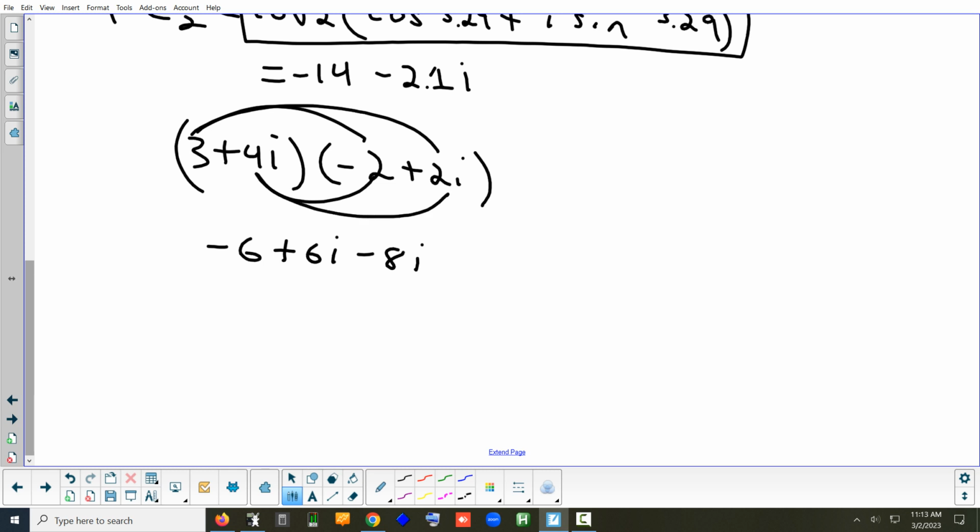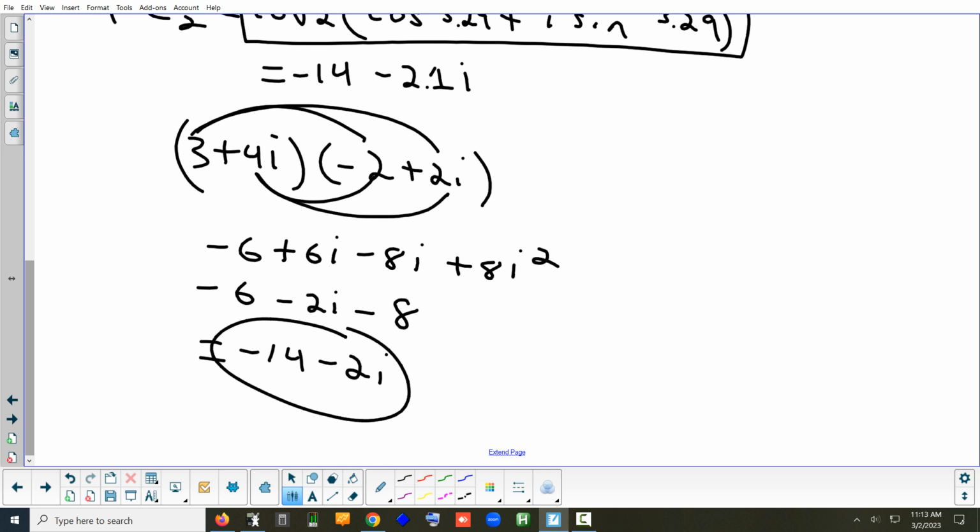And then what's 4i times 2i? 8i squared, so that's negative 8. And what's 6i minus 8i? Negative 2i. And what's negative 6 and negative 8? Negative 14. So negative 14 minus 2i, and negative 14 minus 2i.